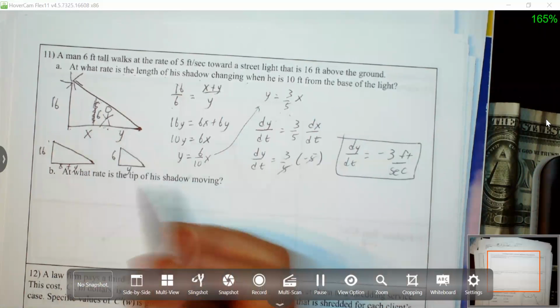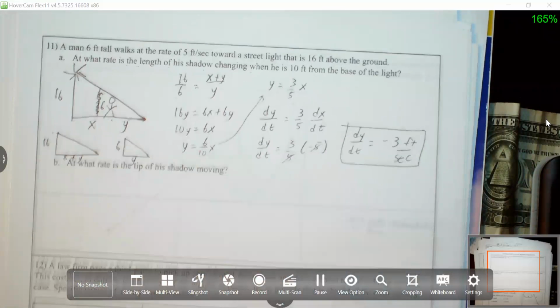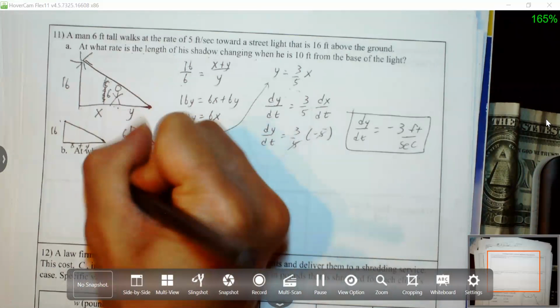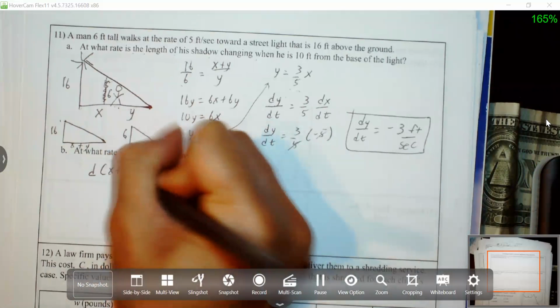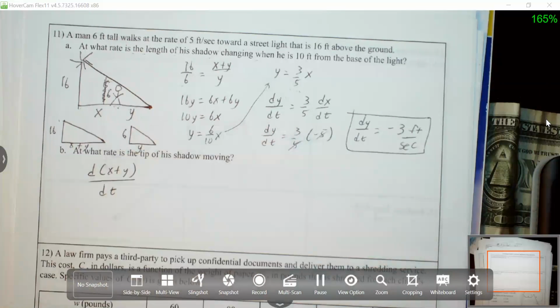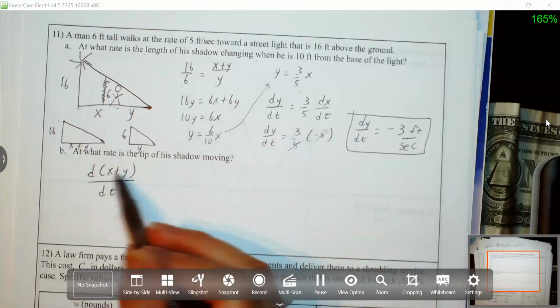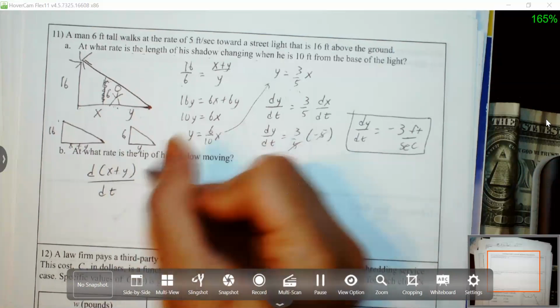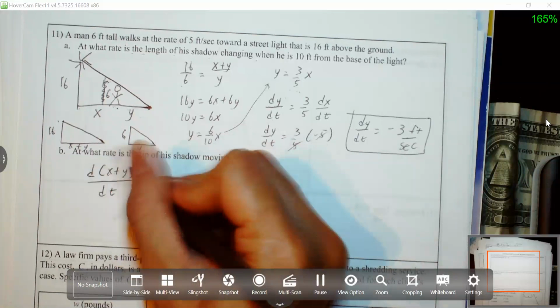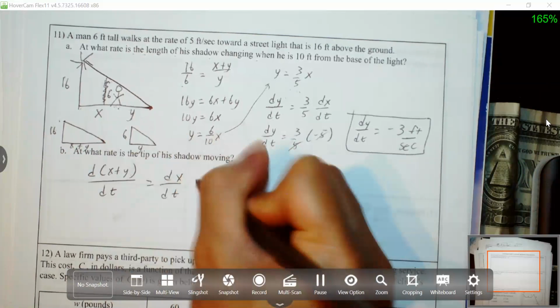If you just want to know the rate at which the tip of the shadow is moving, we are just looking for the derivative of x plus y with respect to time. But if you remember from chapter 2, the derivative of a sum is the same thing as the sum of the derivatives.